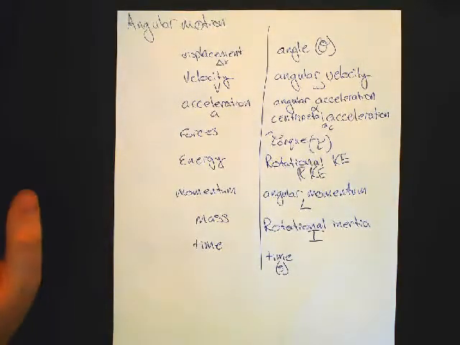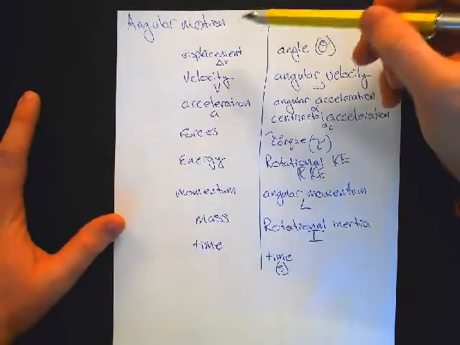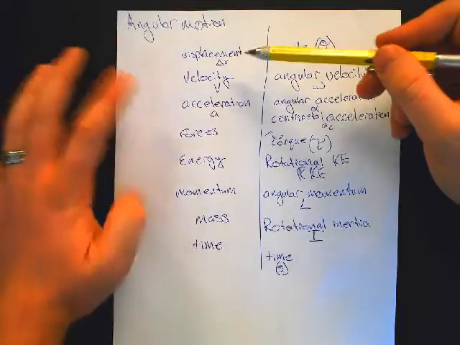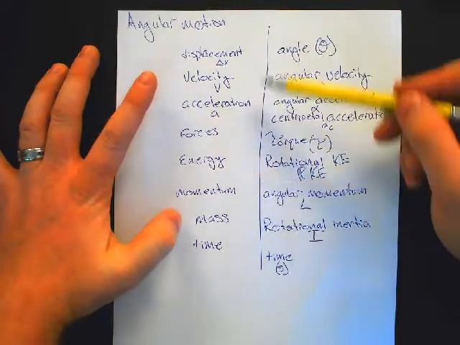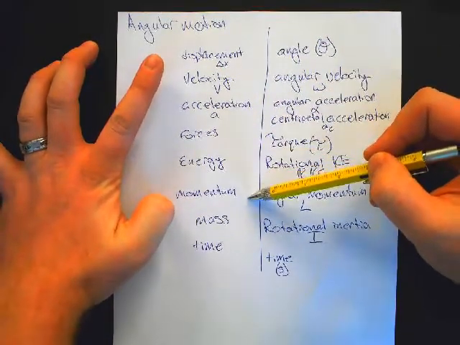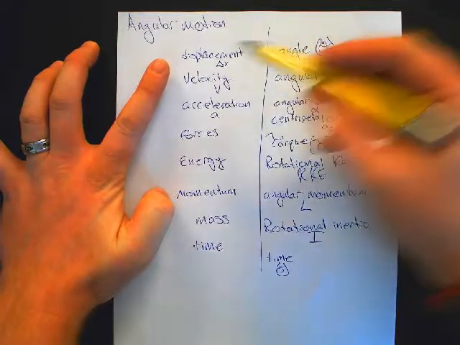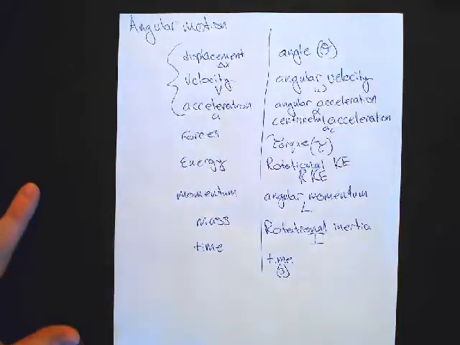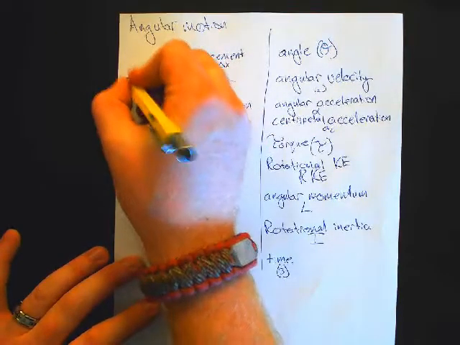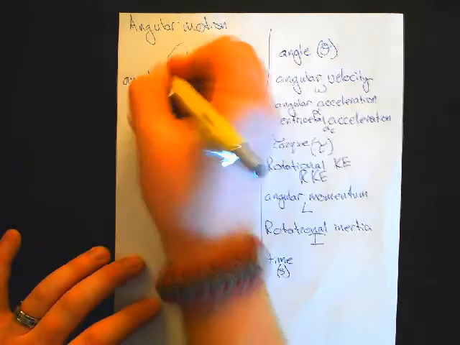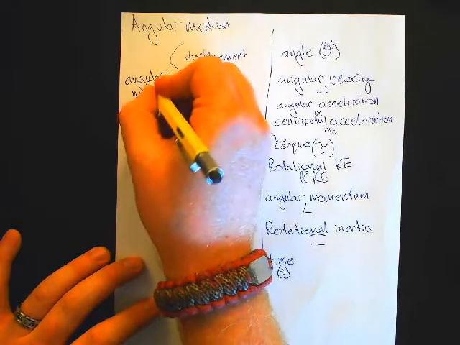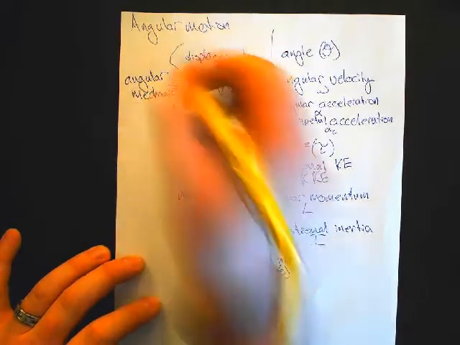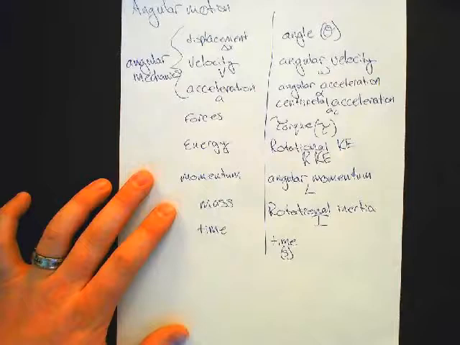All right. So just like this is laid out from the beginning of the year to what we've covered so far, we're going to start by just looking at these three topics. We're going to call this angular mechanics. Okay.